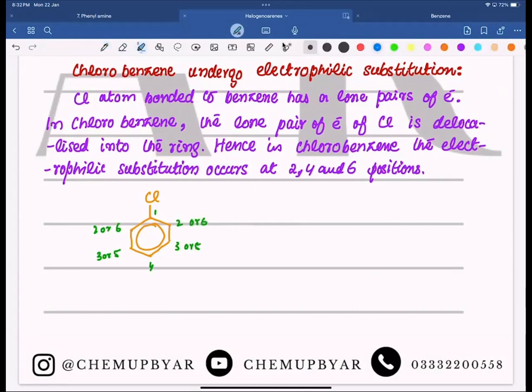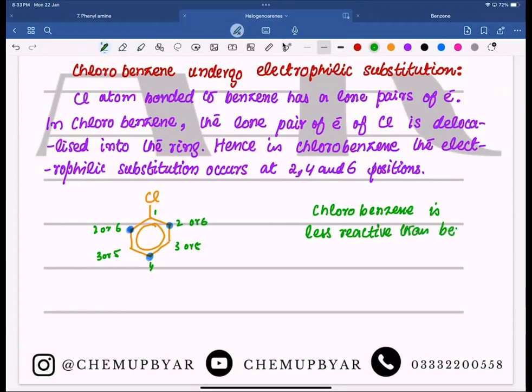So when the electrophilic substitution occurs, it occurs at these 3 positions, and you have to keep this in mind as well, that chlorobenzene is less reactive than benzene due to its high electronegativity.